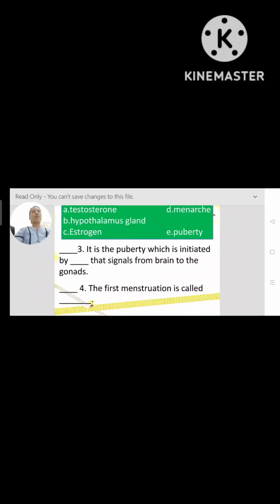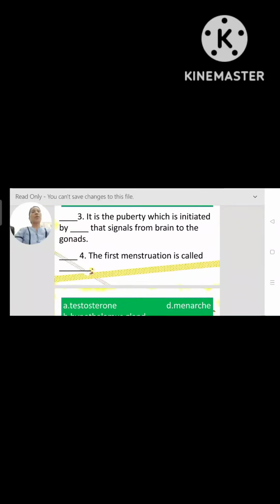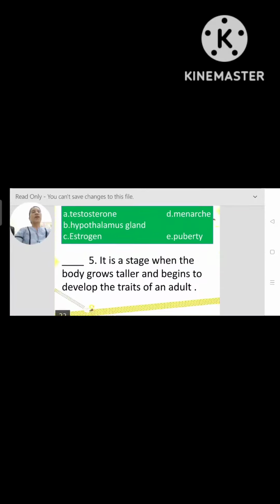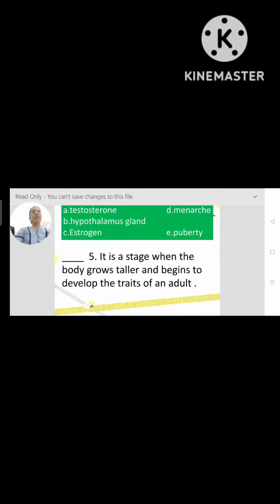The puberty is initiated by blank that signals from brain to the gonads. Number 4. The first menstruation is called blank. Number 5. It is a stage when the body grows taller and begins to develop the traits of an adult.